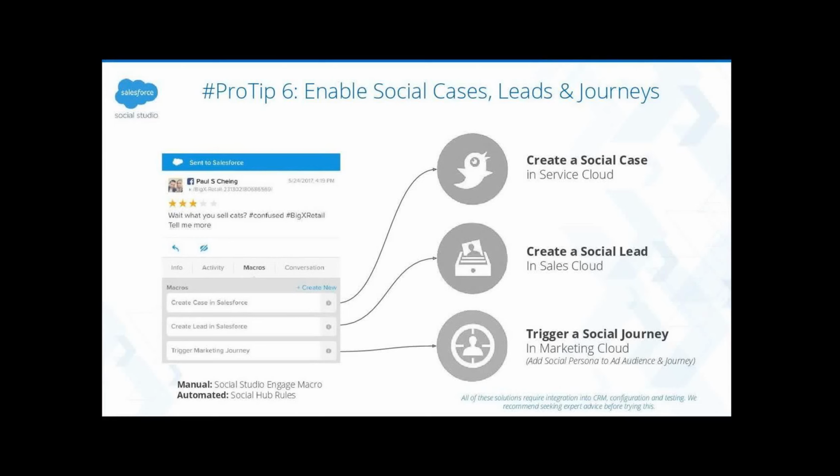So from Engage within Social Studio, I can be browsing through that stream of posts and decide, oh, here's a complaint, and within one click I can create a case, and that will go into Service Cloud, and a Service Cloud agent can then pick that up and handle it, managed under the same SLAs that the contact center would have, for example.